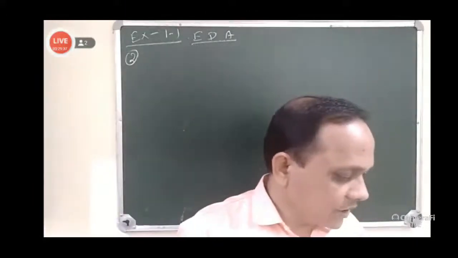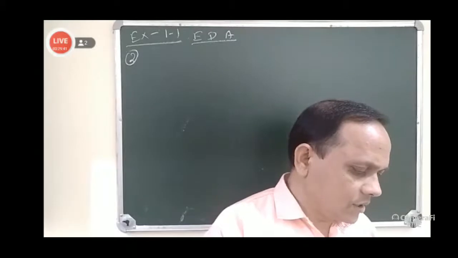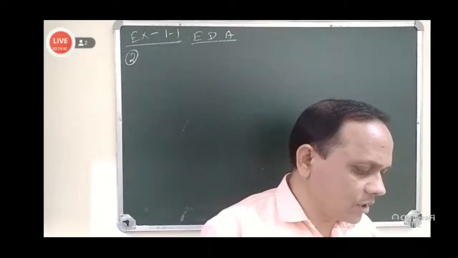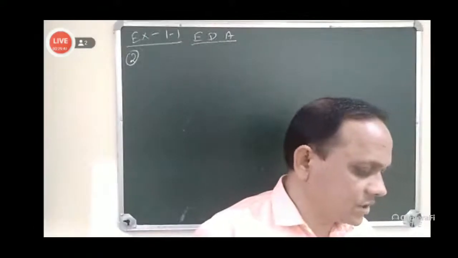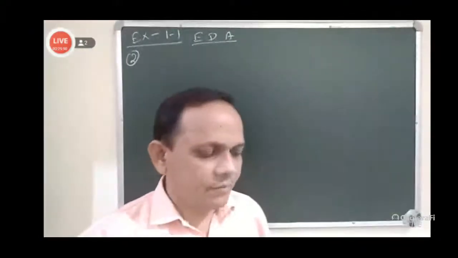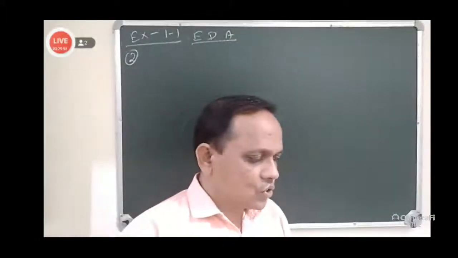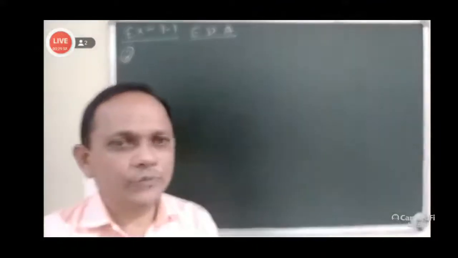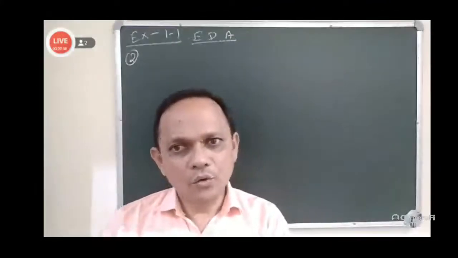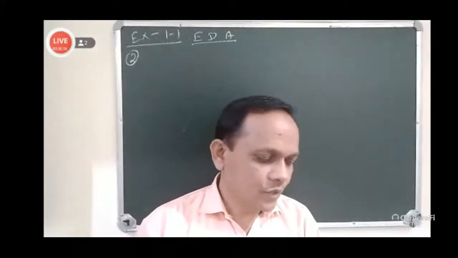Show that any positive odd number is of the form 6q plus 1, 6q plus 3, or 6q plus 5, where q is some integer. Very important question. An odd number is one which is not completely divisible by 2.